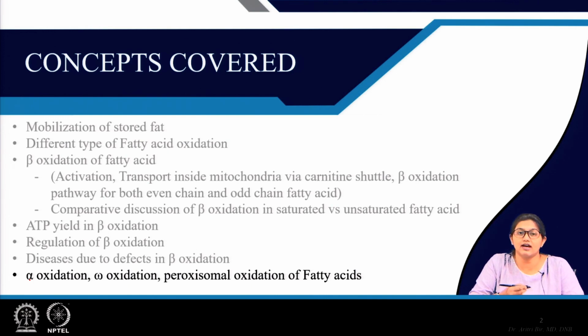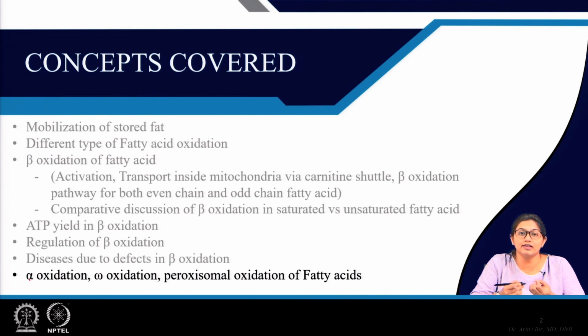Now, in this class we are going to discuss other types of fatty acid oxidations like alpha oxidation, omega oxidation and peroxisomal oxidation of fatty acids. If you remember from the previous classes, alpha oxidation and omega oxidation are based on the numbers of carbons in the fatty acid.